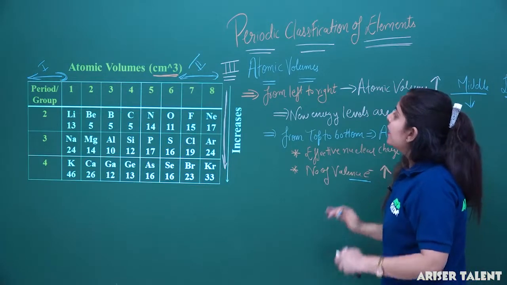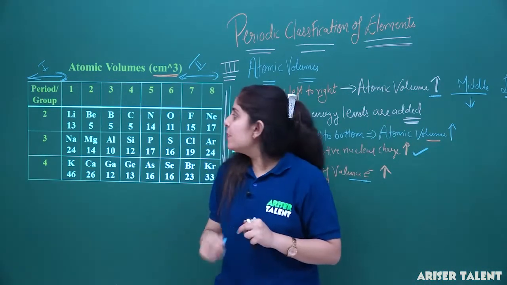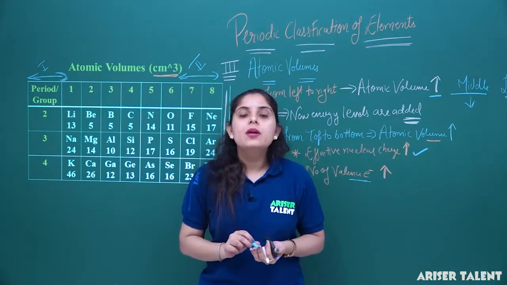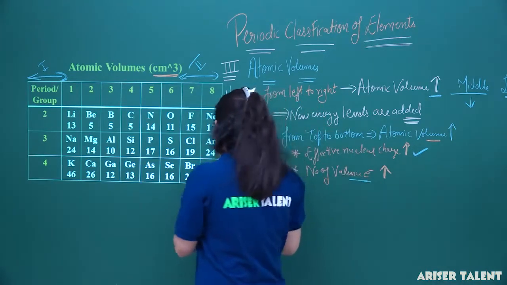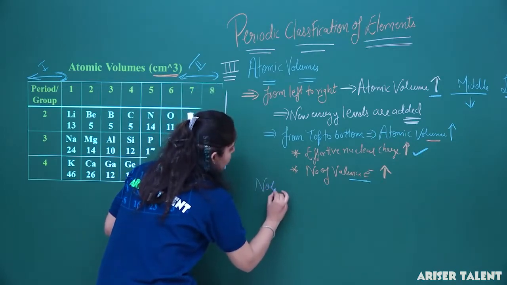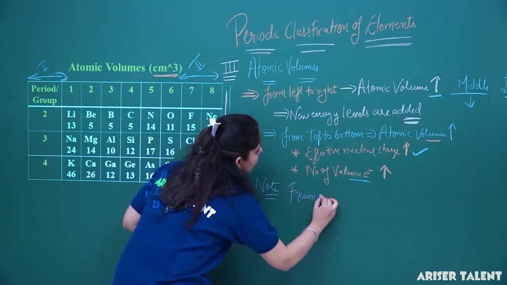So this is the trend of atomic volumes in the periodic table, and it has been observed that francium will have the highest atomic volume, that is 87 centimeter cube. One more conclusion we can draw from here. This is a note: which element has the highest atomic volume?